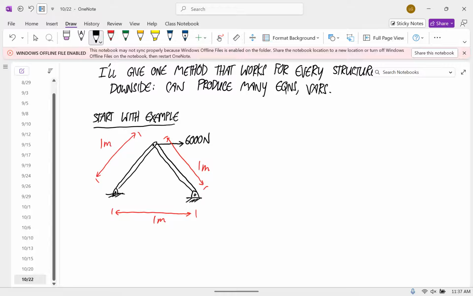And then let's give these things masses. So the mass of each member is, let's say, 20 kilograms. And we want to calculate the external loads on each member.